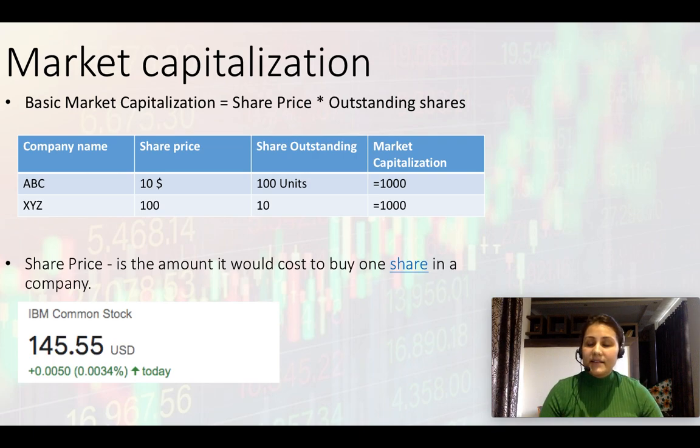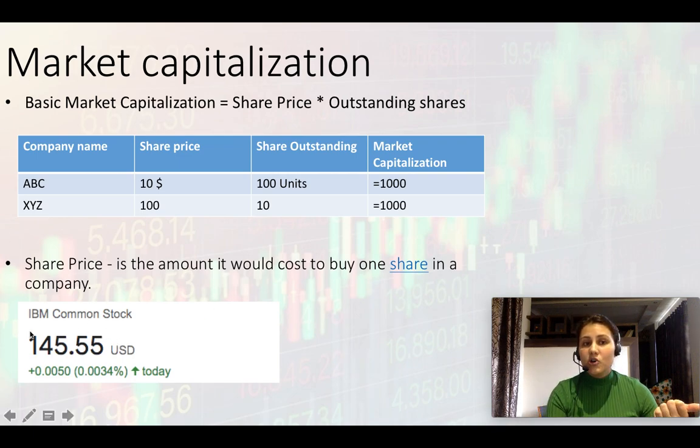Share price is actually the value of one share in any company. Like I mentioned before, whenever any company goes through its IPO process, at first the value of that company is derived by its share price, and then the share price keeps on increasing and decreasing depending upon how the company is doing or what the external factors are.